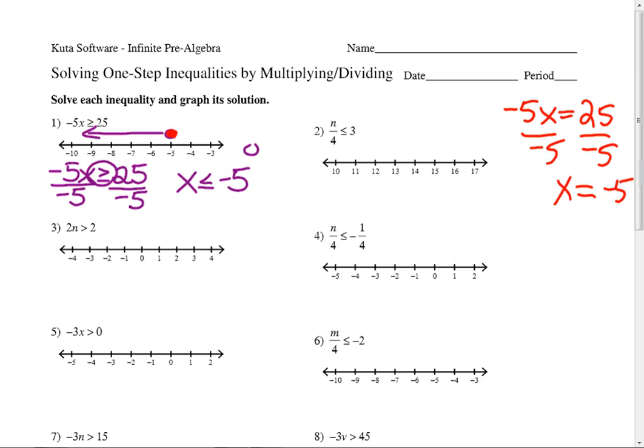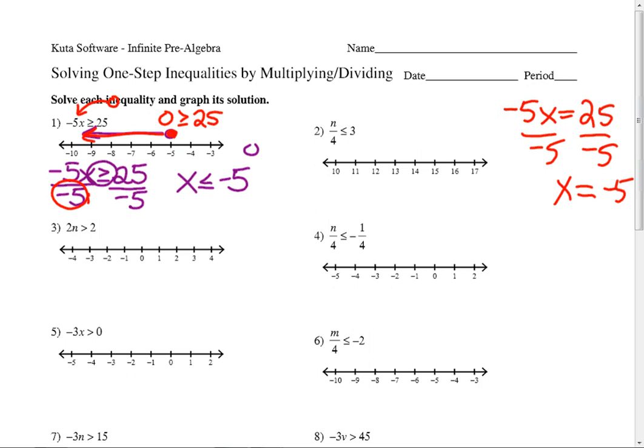And then you test. Put 0 right into this one. Is 0 greater than or equal to 25? Is that true? No. So I have to shade the other way. So I can remember this rule, or I can just do the problem and just test the regions. Honestly, doing the problem and testing the regions is the easiest.